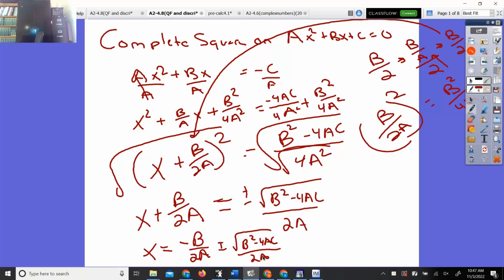If you have the same common denominator, you put them together. And you get this little deal right here: negative b plus or minus square root b squared minus 4ac all over 2a. If you haven't written anything down yet, you better write that one down. That's the quadratic formula.